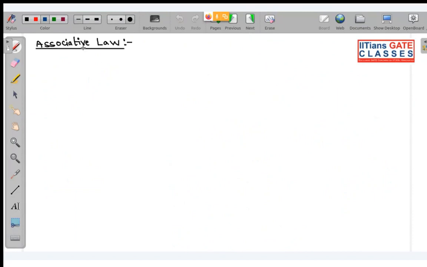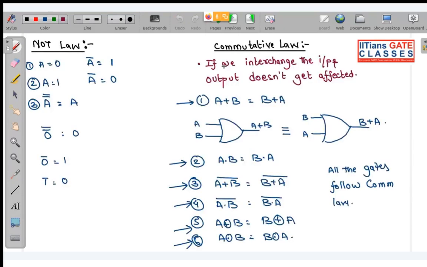Can anyone tell me what is associative law? What is associative? Sir, can you please go to the previous slide for 1 second? Yeah. Thank you. So what do we mean by associative law?